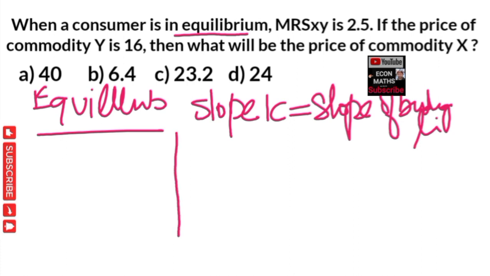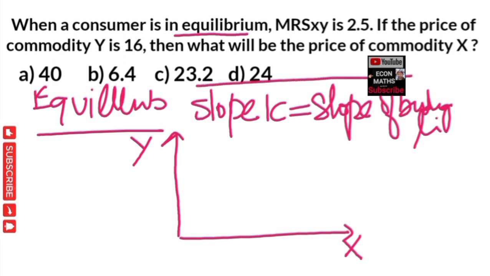That means if we are given this graph, where the horizontal axis shows units of good x and the vertical axis shows units of good y, then the consumer would be in equilibrium when, let us say, this is our budget line.